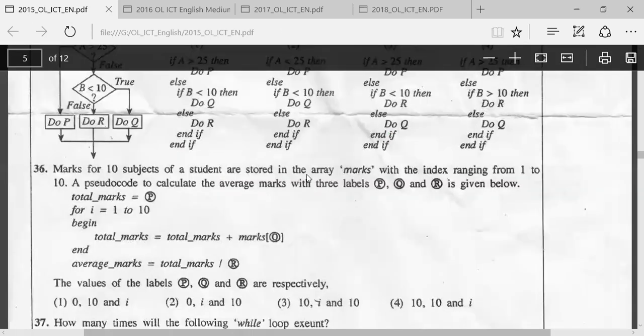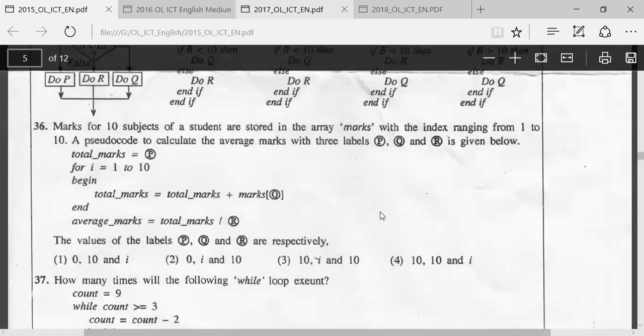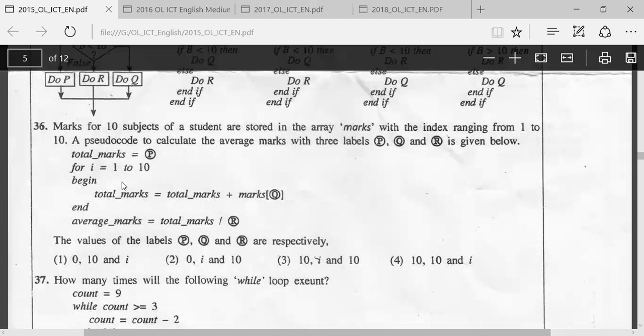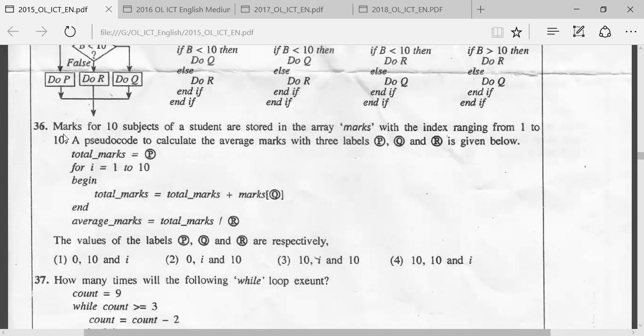Question number 36. Marks for 10 subjects of a student are stored in the array marks. So arrays we already discussed in our class.